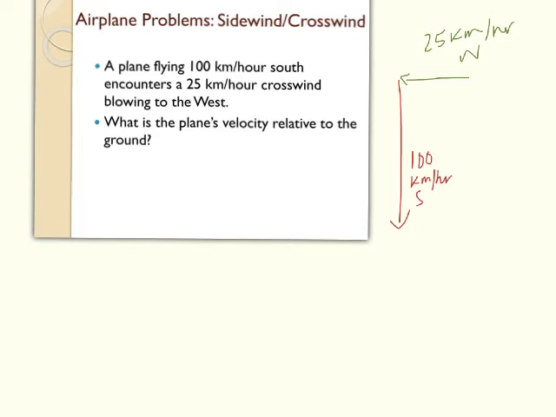Alright, so what we need to know is this line, our resultant velocity, which goes from the open tail to the open head. So we want to know this one. Alright, so again, Pythagorean theorem. If you don't know it by now, hopefully the third time we use it for something, this will make it click. Alright.